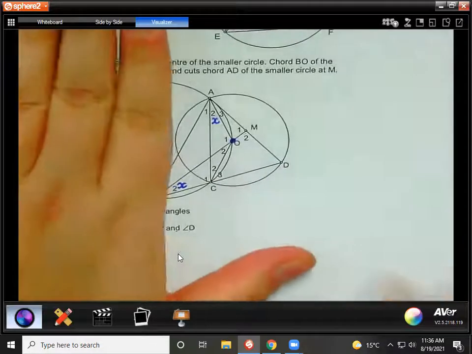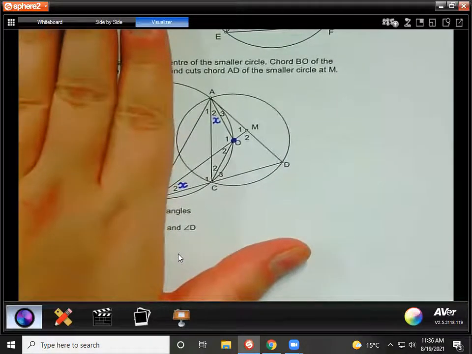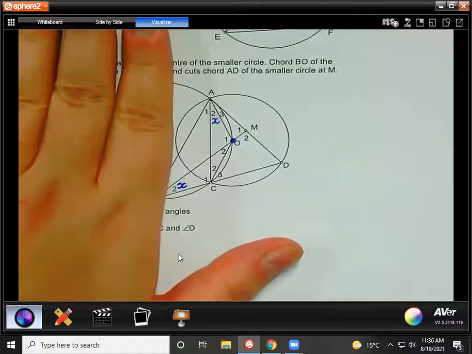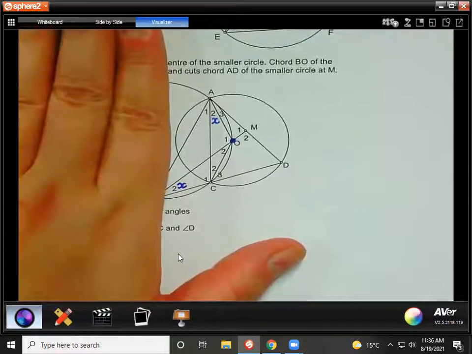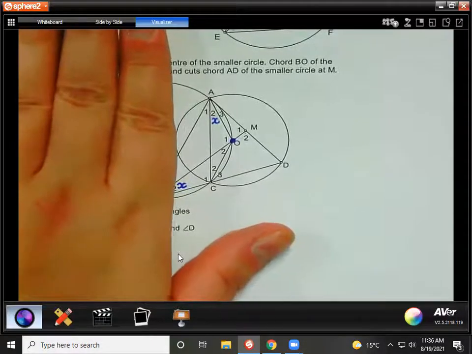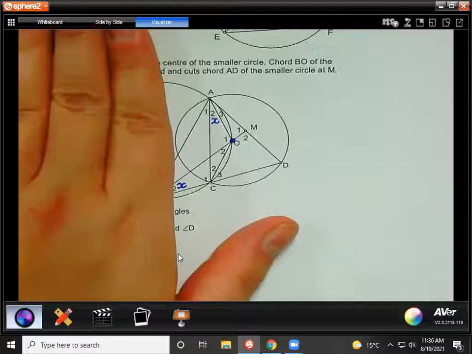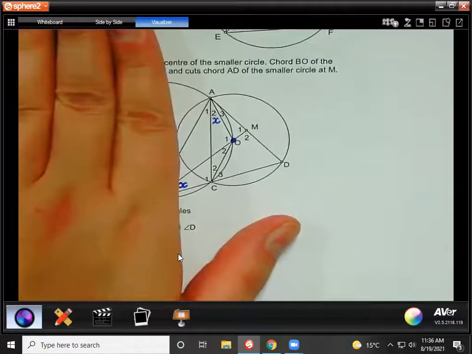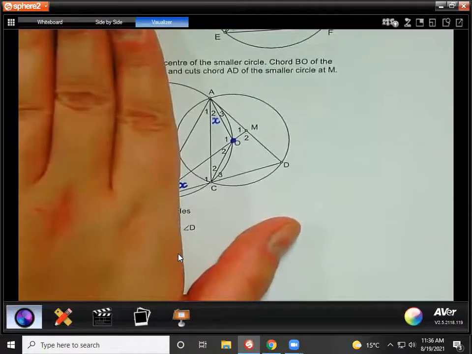Let's look at the small circle. What do we notice there? I'm looking for another angle that's equal to X. What do we see? Yes, Talia?